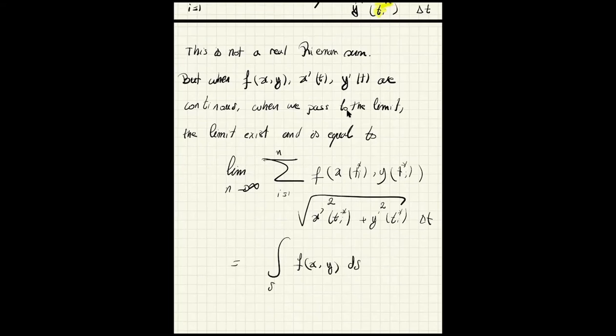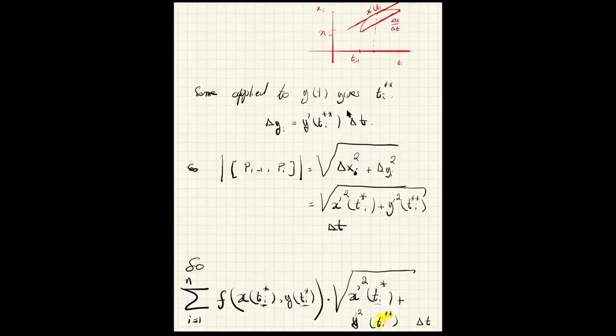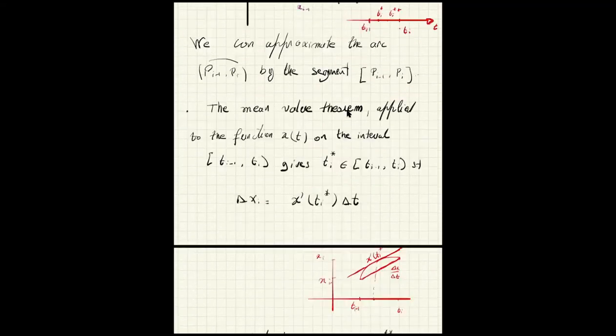Again, here I'm saying two things. I'm saying that when these are continuous, these are equal to the limit of the normal Riemann sum, and the normal Riemann sum will give you the limit of this here.